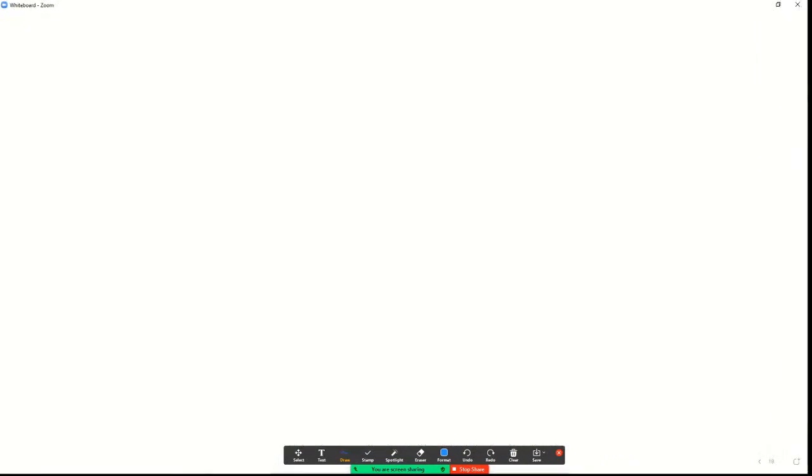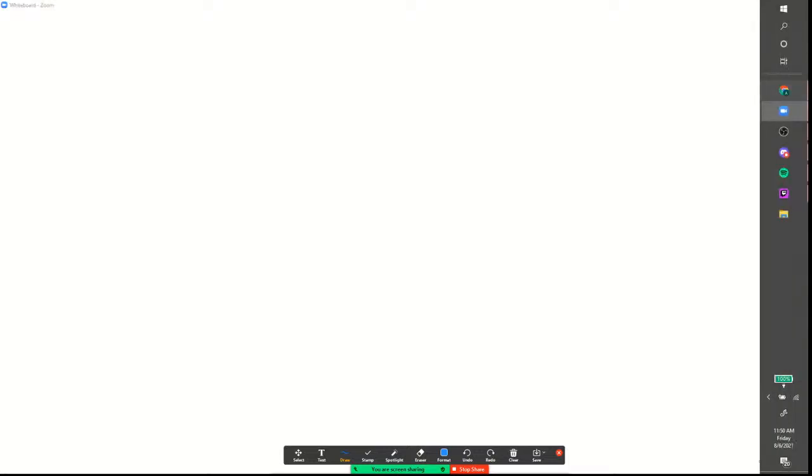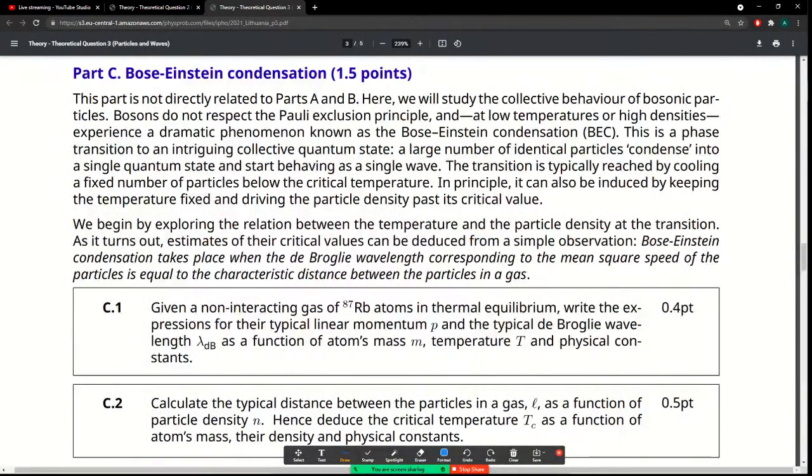One thing in this question I didn't understand is: Bose-Einstein condensate takes place when the de Broglie wavelength corresponding to the mean square speed of the particle is equal to the characteristic distance between the gas. Then what is the characteristic distance? I guess like mean free path. I don't know.